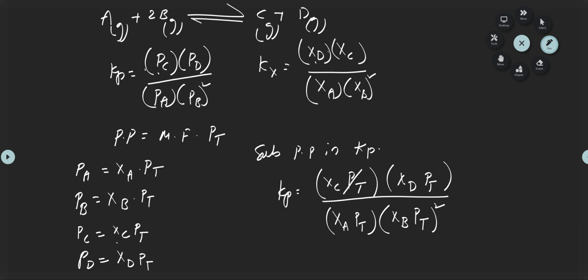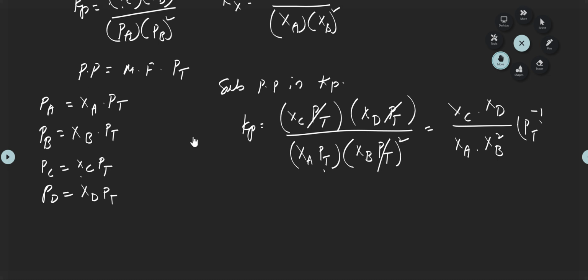Then PT square is cancelled. Then we get XC into XD by XA into XB square into PT power minus 1. Why? Because the denominator goes to the numerator, so it will be minus 1.